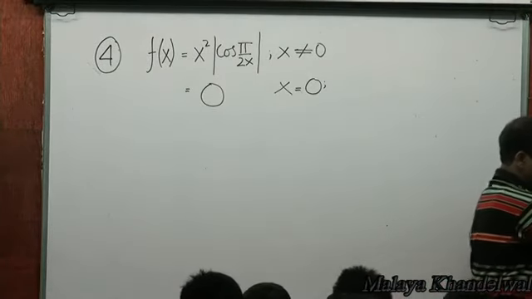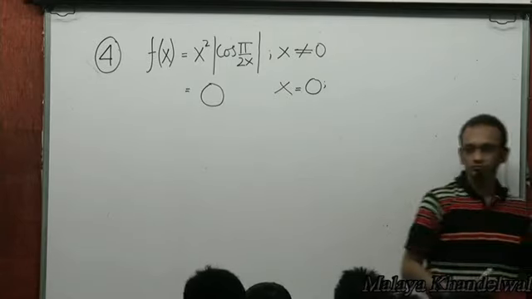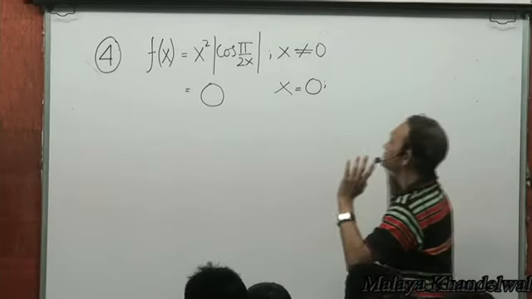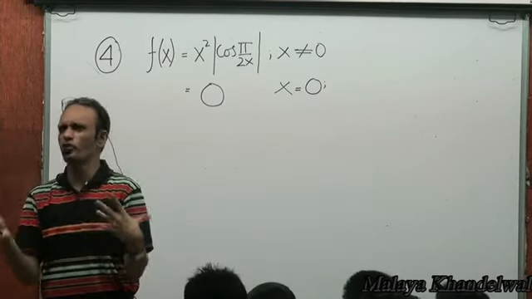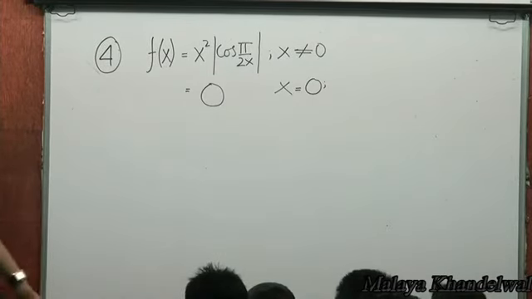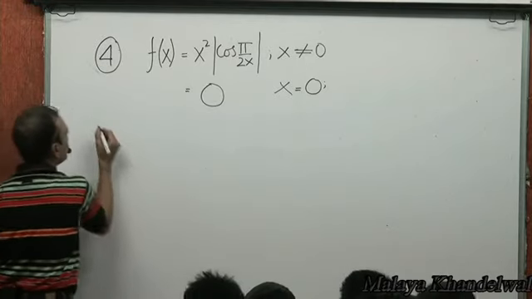We want to find f dash 0. Hey, one thing. The function must be continuous at x equal to 0. Just perform a quick check on it, right? A quick check on continuity at x equal to 0.